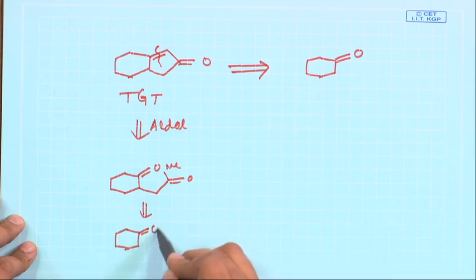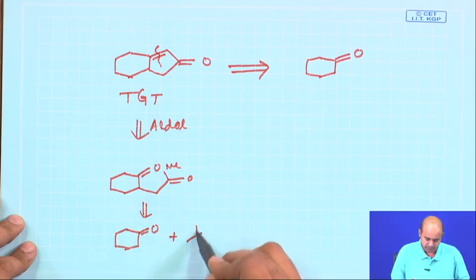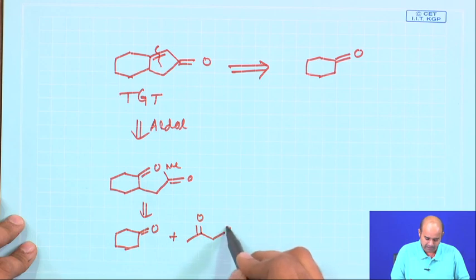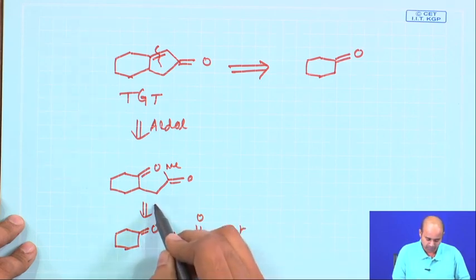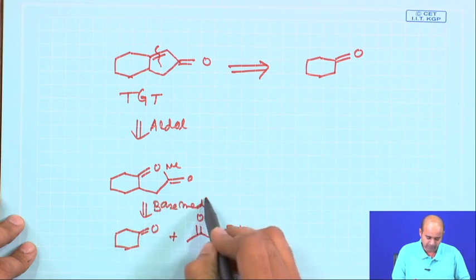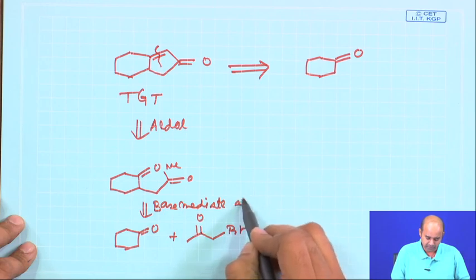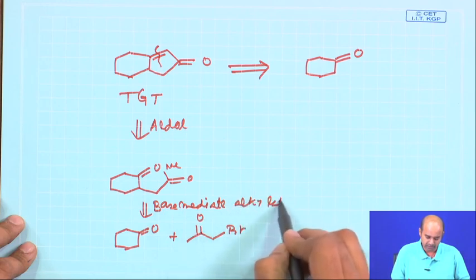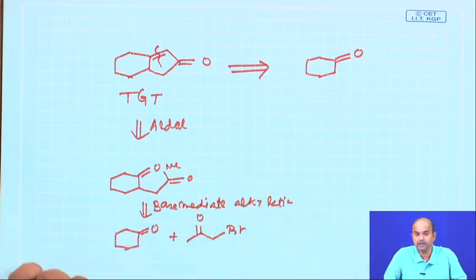How to get the starting material? You can just use an alkylation reaction with monobromoacetone. It is called a base mediated alkylation, which is the main transformation. Okay. Now, there are other ways you can do it also.